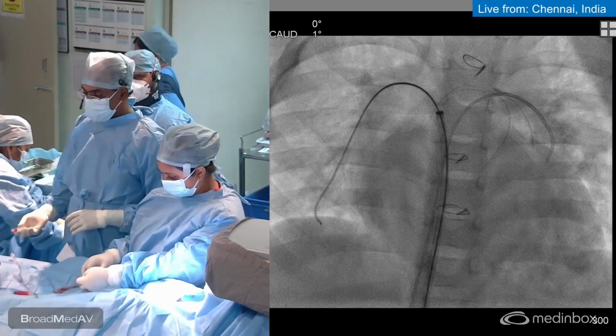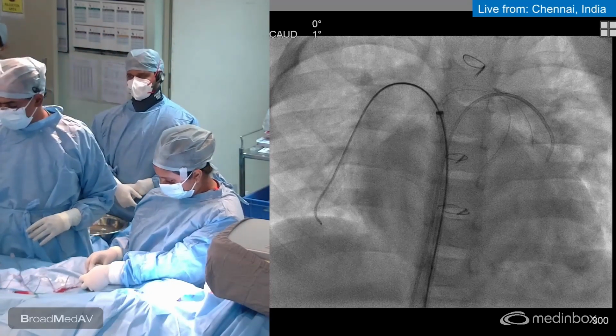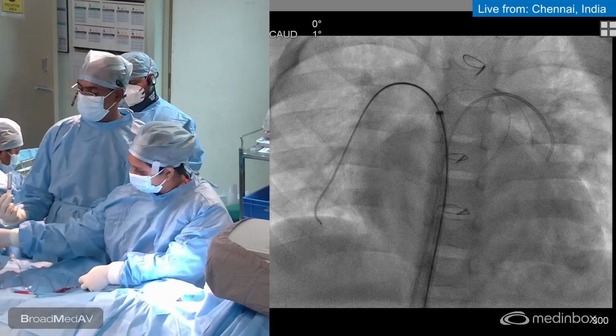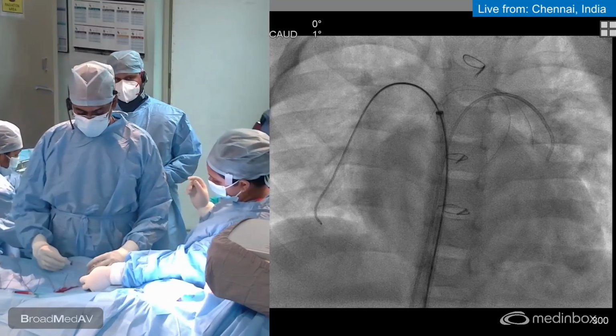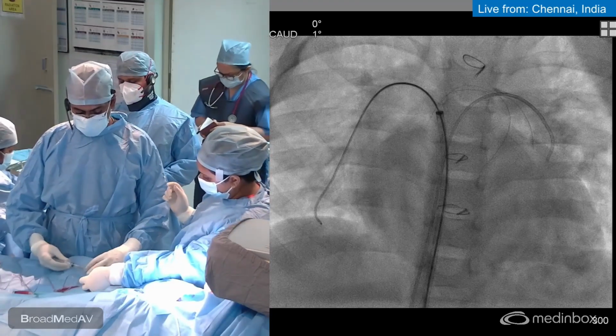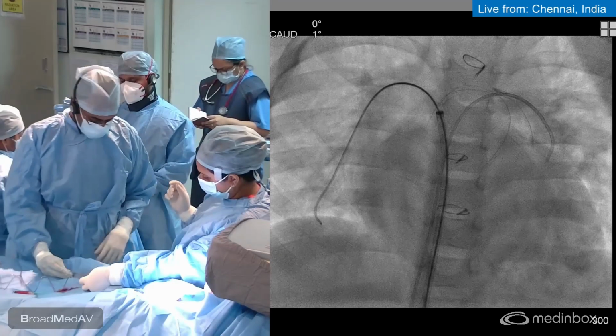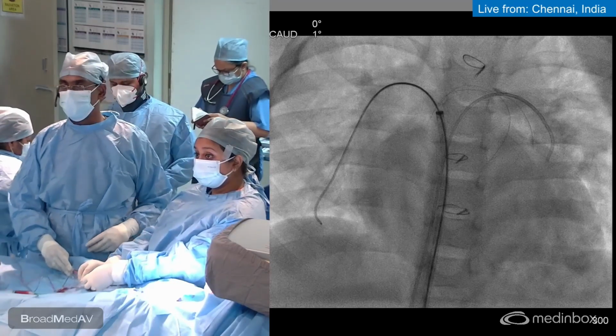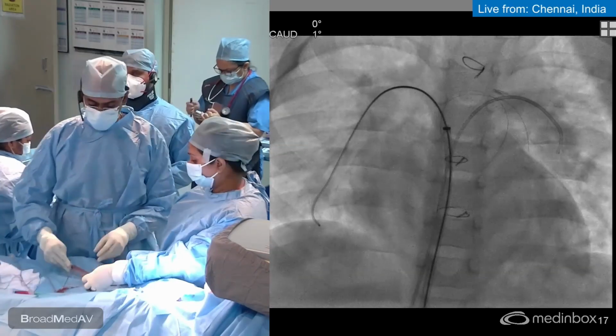It's going to be compressed anteroposteriorly. So we may need an extreme steep caudal or extreme steep cranial, to the point of 45-degree cranial or a 45-degree caudal, in order to get good quality pictures.